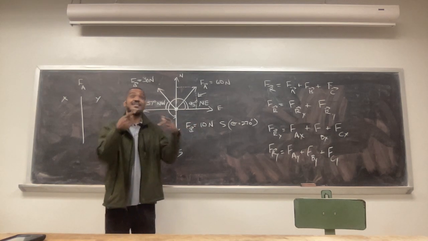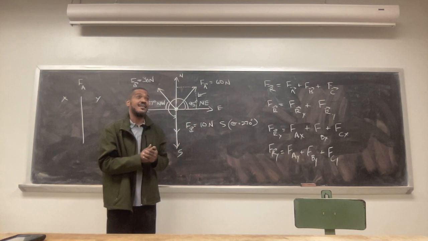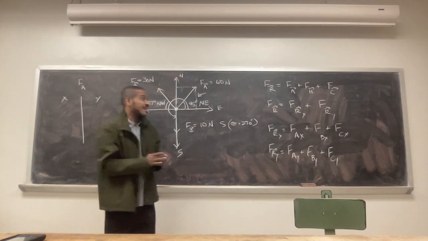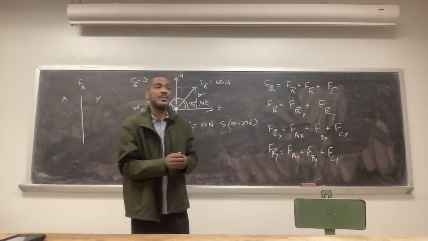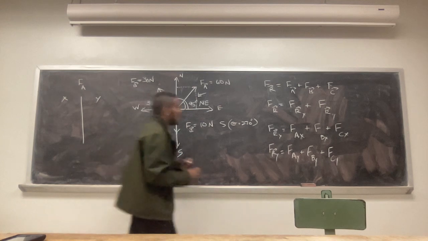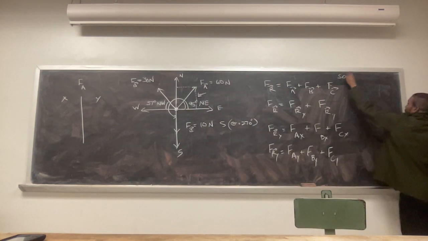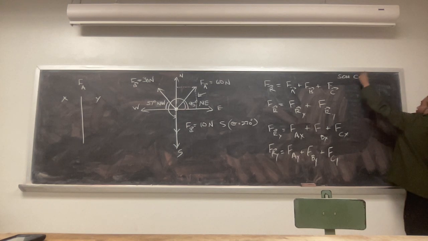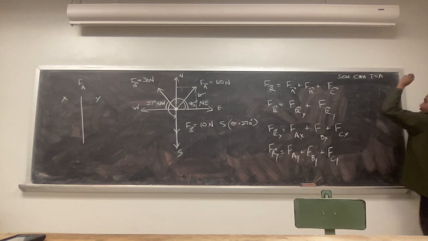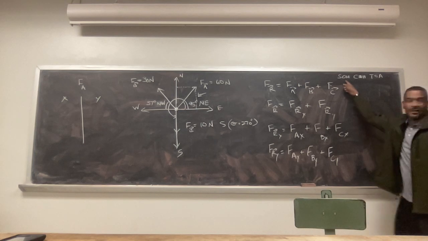The sine. SOHCAHTOA, right? That's sine opposite hypotenuse, cosine adjacent hypotenuse, and tangent opposite adjacent. All right, so sine.